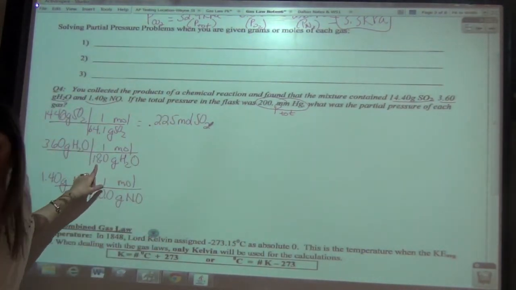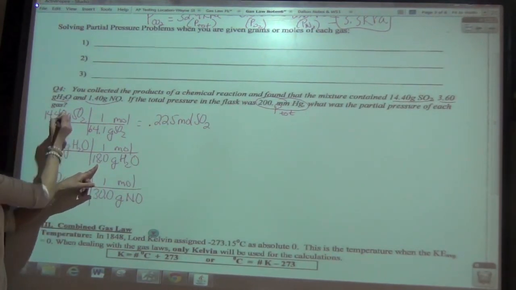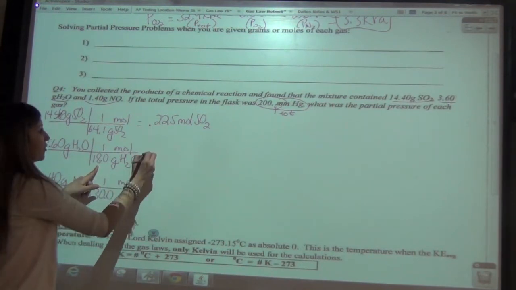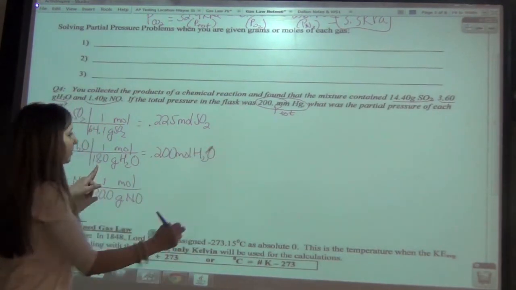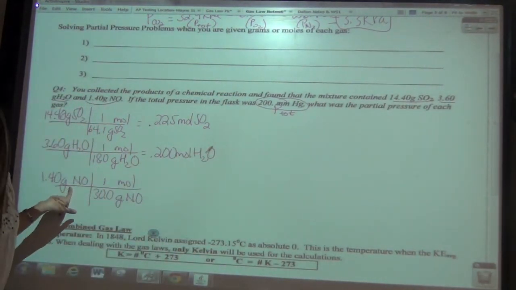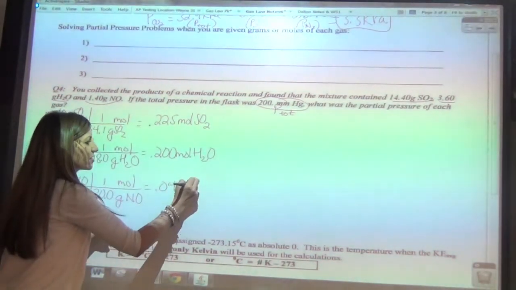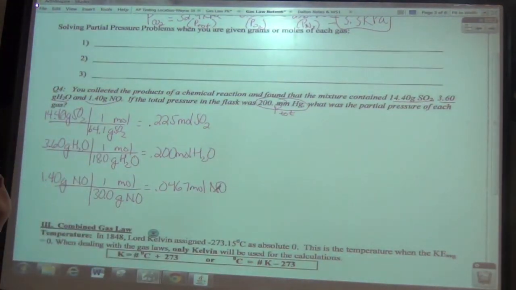The second one, when we divide 3.60, we get 0.200 moles of the H2O. And the last one, 1.40 divided by 30, we get 0.0467 moles of the NO, the nitrogen monoxide.